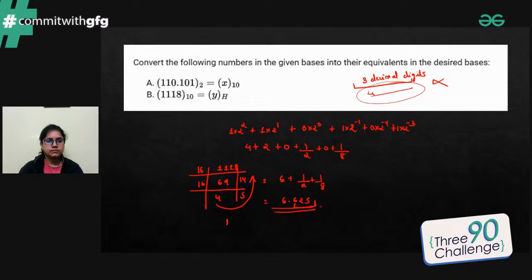So the answer is 4, 5, 14, which will be 4, 5, E. Absolutely correct. Please be more precise with the answer, because eventually it will lose your marks. That's why I'm saying. This is 4, 5, E. So the answer for this is 6.625, and for this is 4, 5, E.